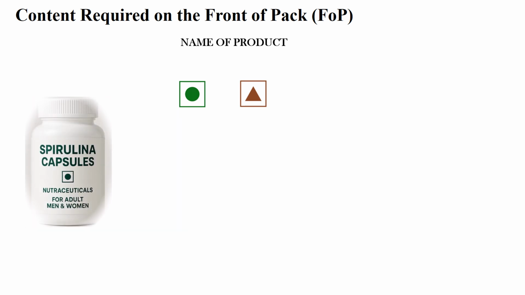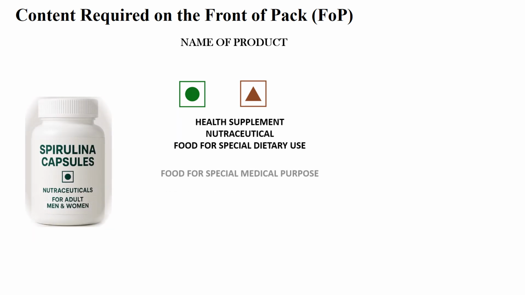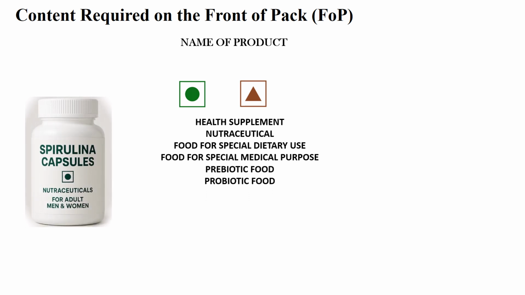The third information which is required on the front of the pack is about the category of the product. We know the nutraceutical and the related product are categorized as health supplement, nutraceutical, food for a special dietary use, food for a special medical purpose, and prebiotic probiotic food.